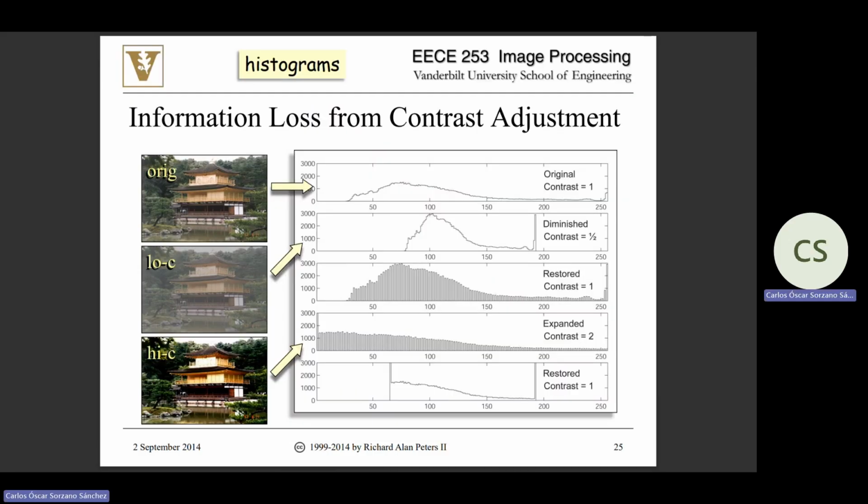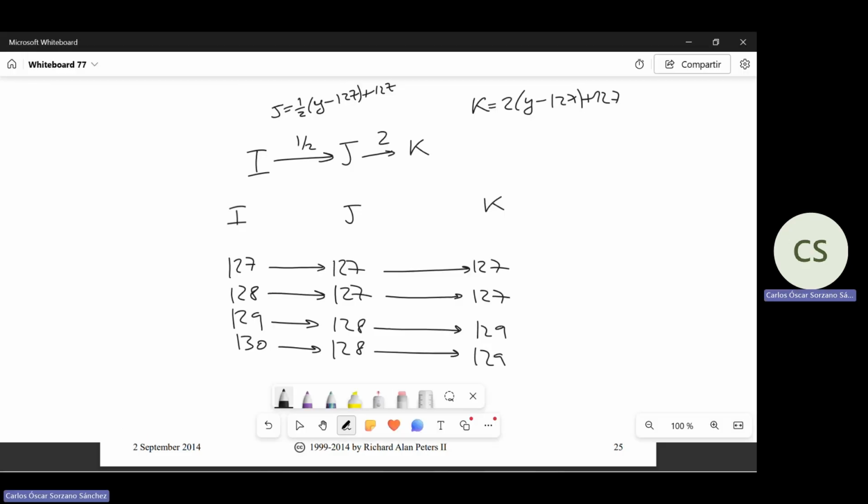Okay, so increasing the contrast and decreasing the contrast don't create problems by themselves, but I have some rounding problem. I have it here: two elements were going to the same value. So when I decrease the contrast, I'm adding bins.